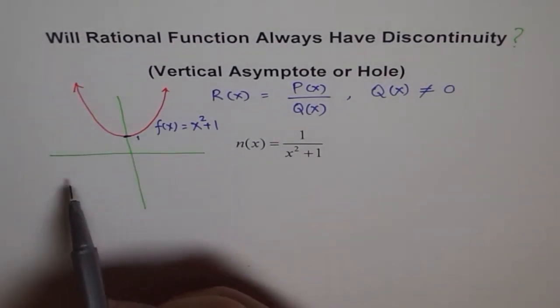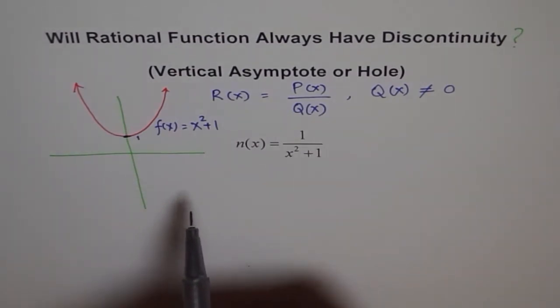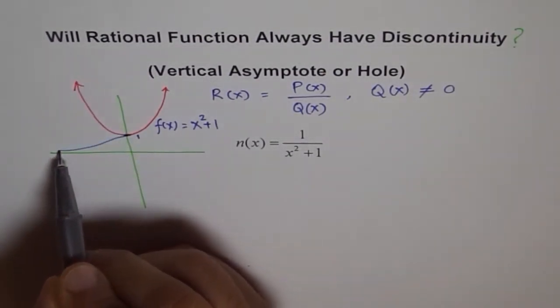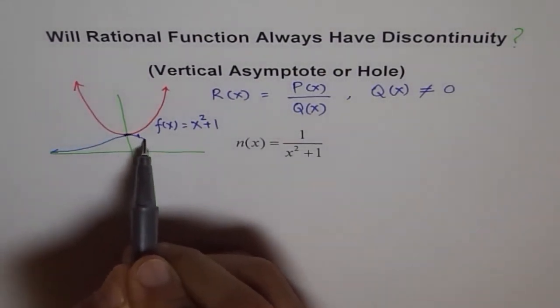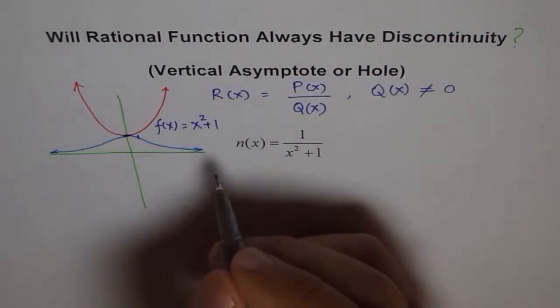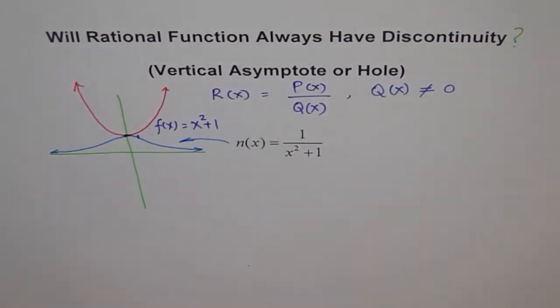We will never have a negative value, so it will never cross the x-axis, right? If you sketch it, you will get a function like this. Do you see that? Now this function is your n of x, 1 over x squared plus 1.